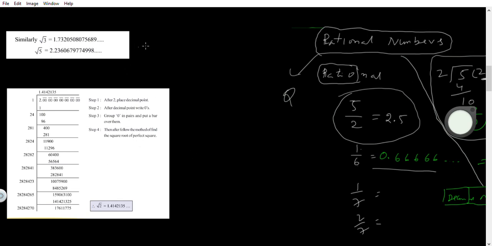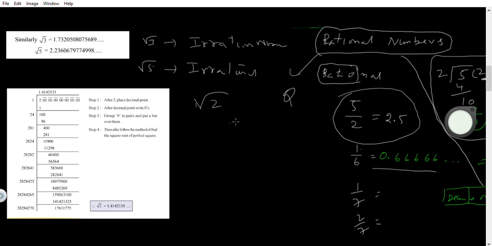See this one, root 3 is an irrational number. It is a non-terminating and non-repeating decimal. This is an irrational number. Not only that, root 5 is an irrational number. Very, very important. To observe that, take the square root of 2.